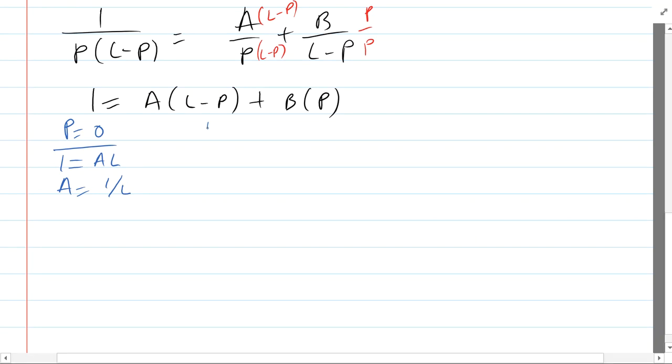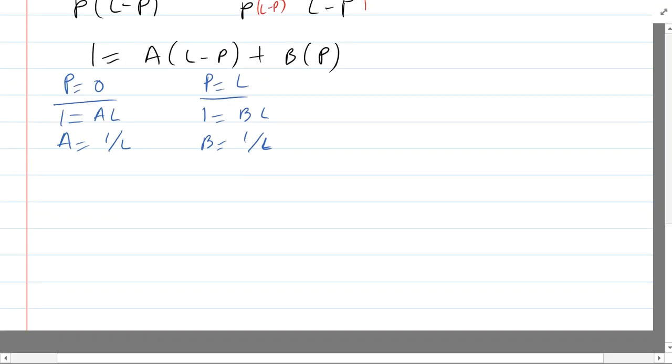Okay, what else am I going to choose? P equal to what? L. If I choose P equal L, does the A term go away? And I get 1 equals BL. Oh, look, what does B equal? 1 over L. Do they each equal 1 over L? Isn't that convenient? That really helps our cause, because what does our equation become?